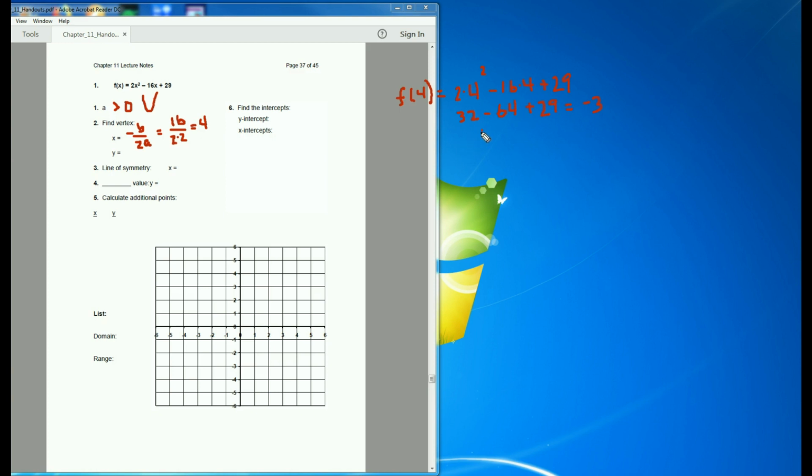That means the vertex is the point (4, -3). So there's our vertex. And our line of symmetry is going to go up and down through that vertex. So the equation of that is going to be x equals 4. We can go ahead and draw that in if you want.